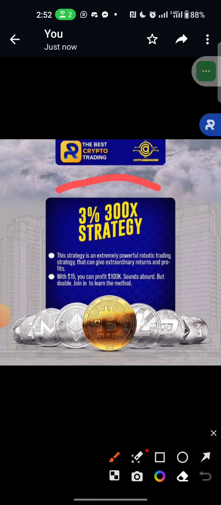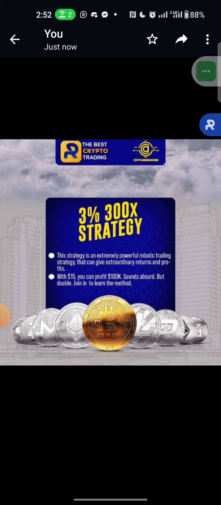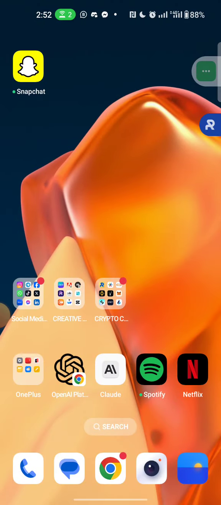Maybe some people are new, and that is our 3% 300x strategy. We say that this is an extremely powerful robotic trading strategy that gives extraordinary results and profits. With $15, you can turn it into $100,000. And most of you think this is not true. So today, we want to bring you this strategy in a better way.